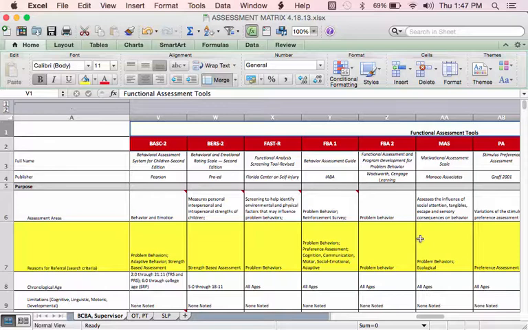My point here is that a good clinician will have a matrix. A good clinician will make the selection from the matrix and determine which assessment tool best matches the needs of the individual and the circumstances that are presenting themselves.